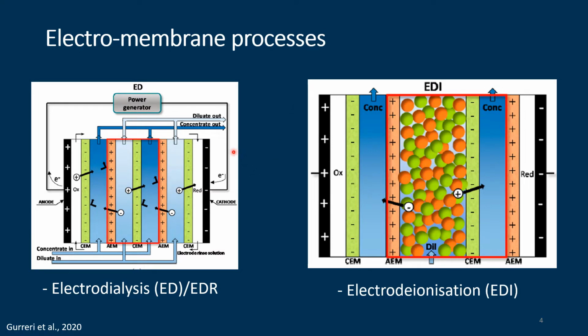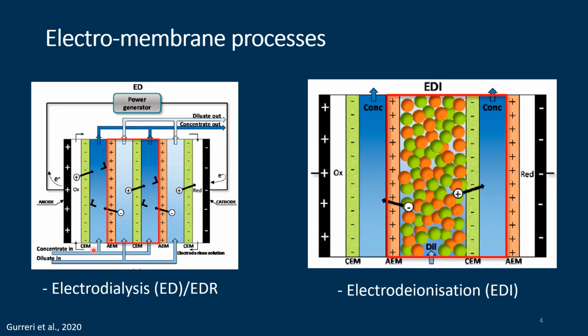And this is the very conventional electrodialysis diagram. You can see the plus charge, minus charge electrodes, which are called anode and cathode. You need the cationic and anionic membranes, and then you have a channel for the diluted solution and the concentrate solution.